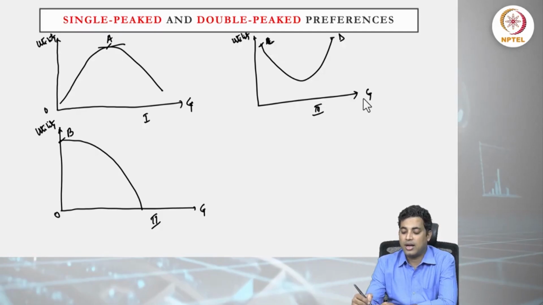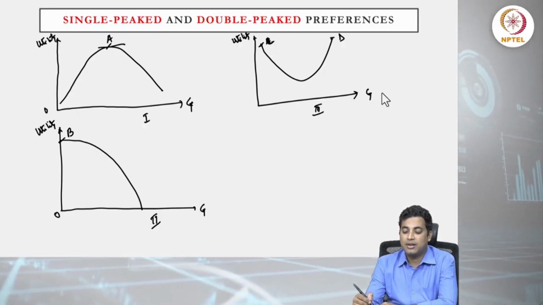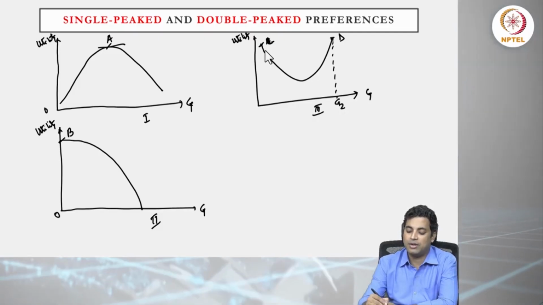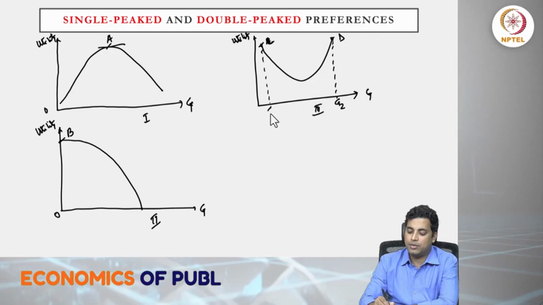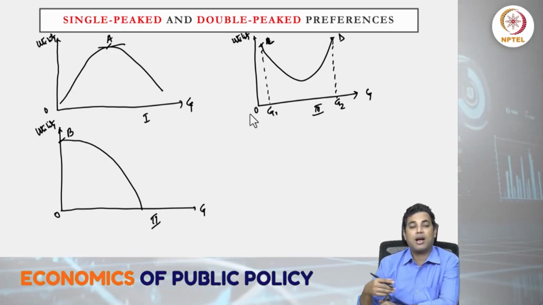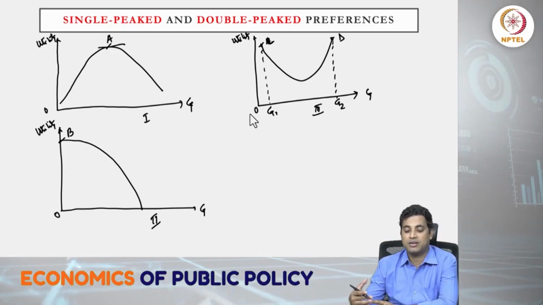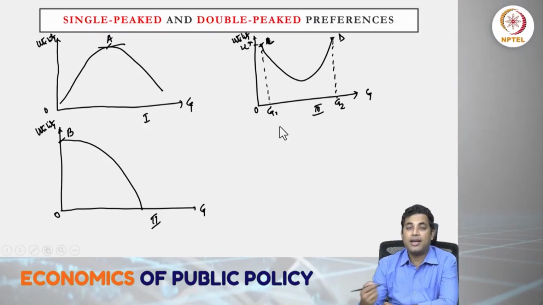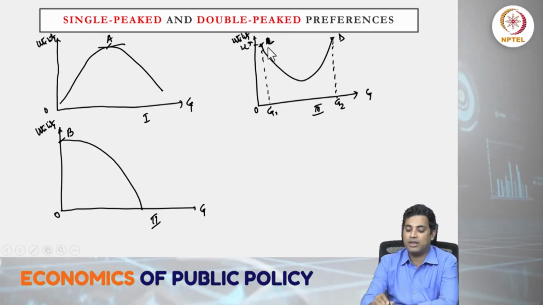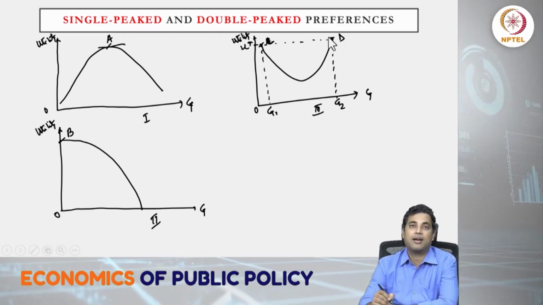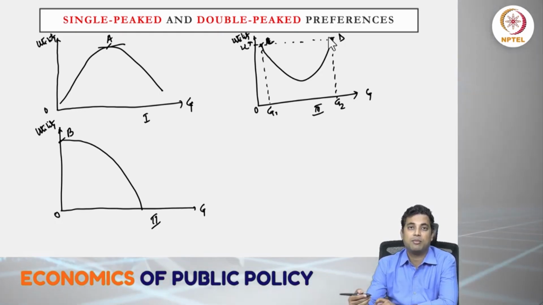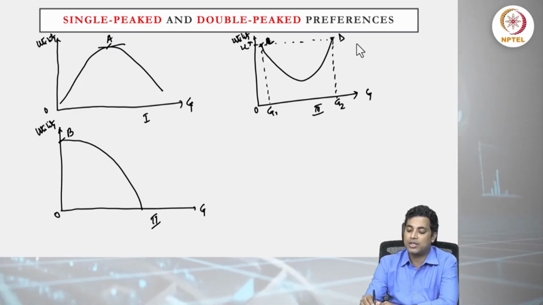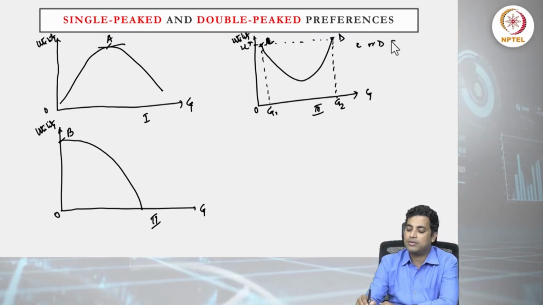Utility is high as government expenditure increases. At this point, at OG1 level of government expenditure, we see the highest utility, say U star, and again at OG2 level utility reaches the highest level. So which one is the optimum level of preference, C or D?